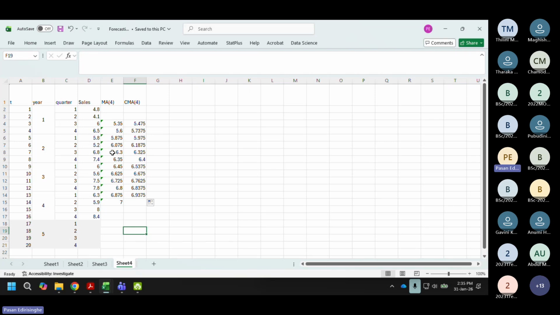Each one of them, you can notice, are representing each other. So that's our moving average concept. By applying the moving average concept, we are basically trying to smooth the situation.